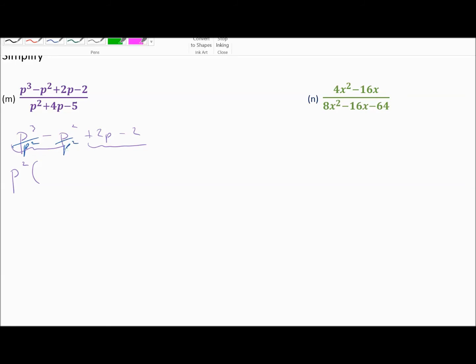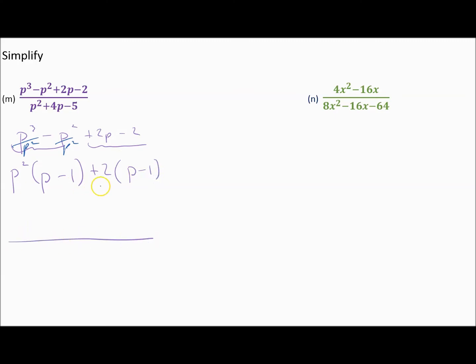When I do that, that's going to give me p minus 1. Notice these guys have a 2 in common, so I'm dividing each of those by 2. It goes in the front. That also leaves me with p minus 1. So that means the numerator factors into p minus 1, the guy that matches, times p squared plus 2.